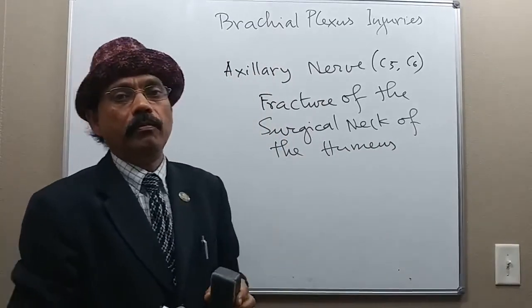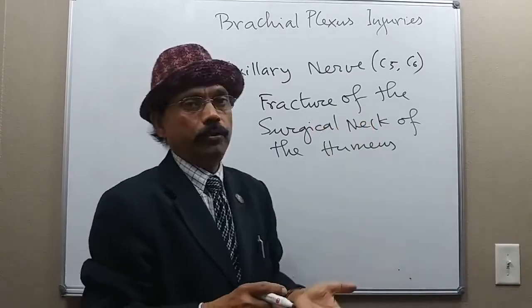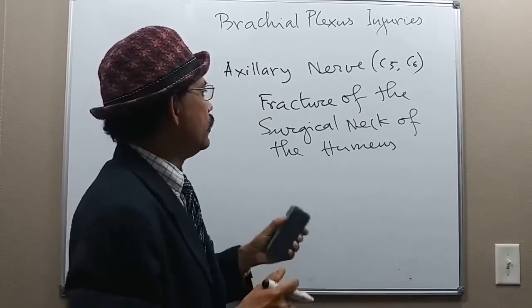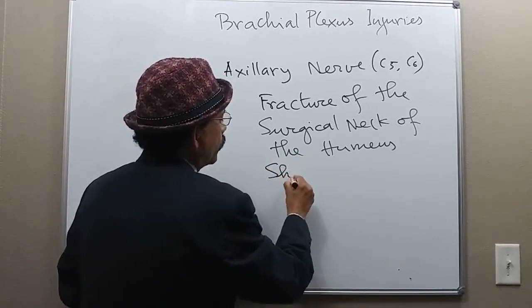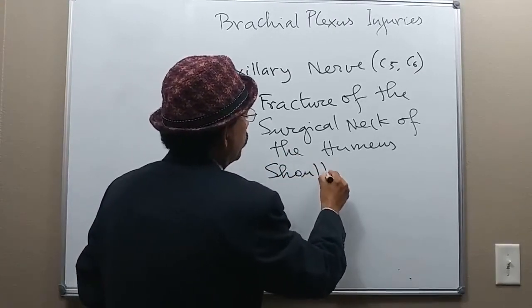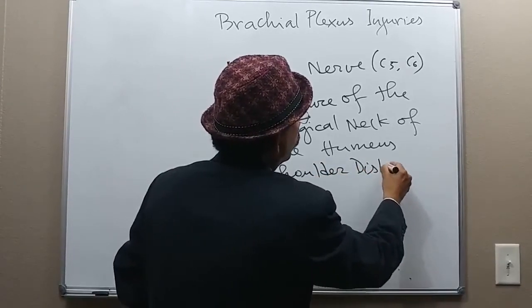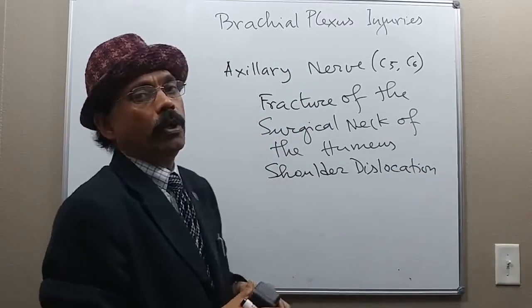Axillary nerve may be non-functional or undergo lesion in case of shoulder dislocation. Okay. So what will happen?